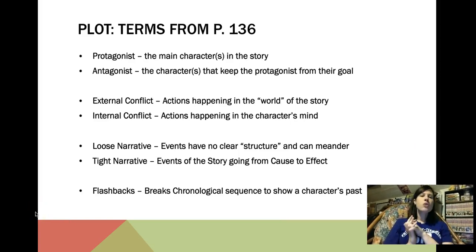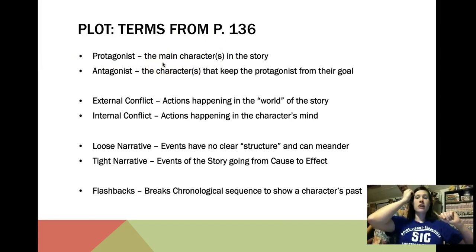So, in a story, there are 2 characters mainly, the protagonist and the antagonist. And on your exam, I will ask you to define a protagonist and antagonist. Every semester, somebody gets this question wrong. Last semester, one person got it wrong, and I was like, oh, so close. But they'll say, oh, it's the good guy and the bad guy. No. The protagonist is just the main character.